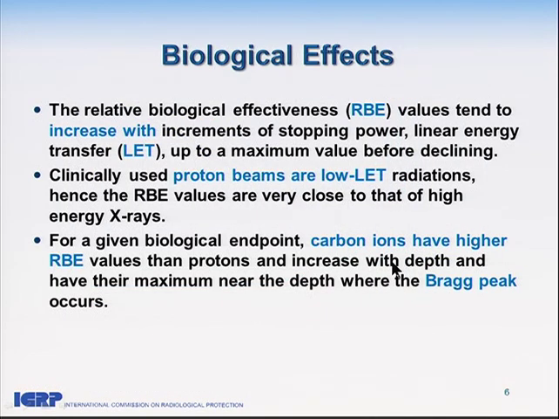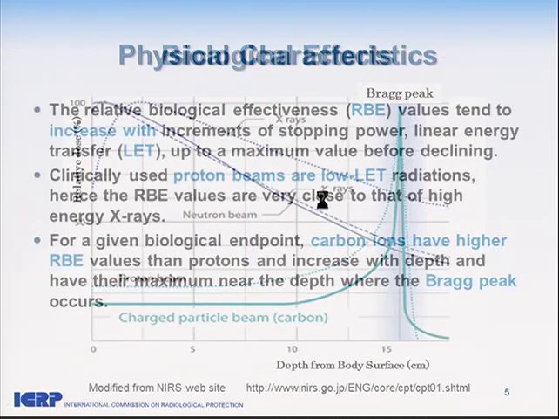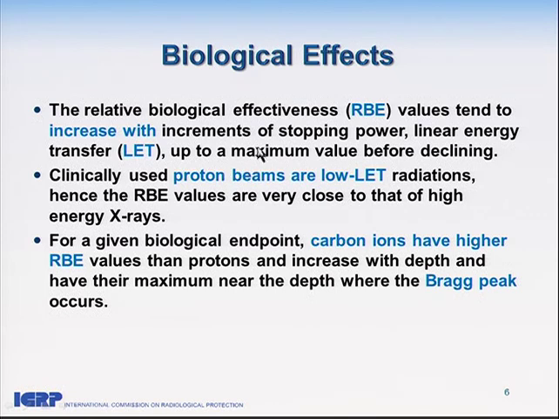Then we have to consider the biological effect. In gamma rays and also proton beams, the biological effect is similar and not much changed. But the relative biological effectiveness, so-called RBE values, tend to increase with increment of stopping power, which we call linear energy transfer, up to a maximum value before declining.